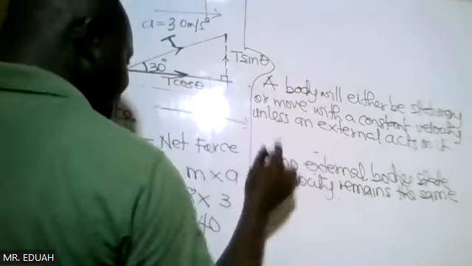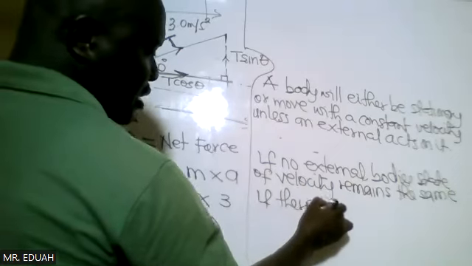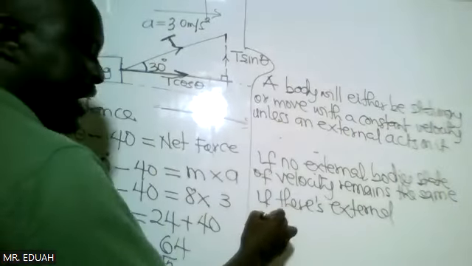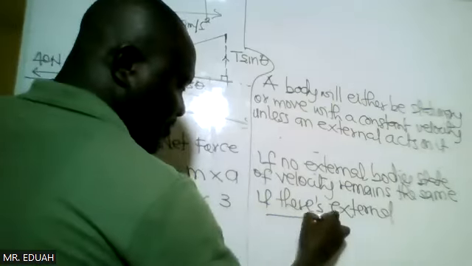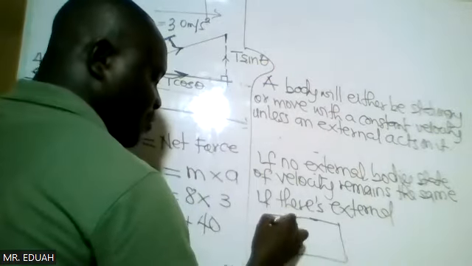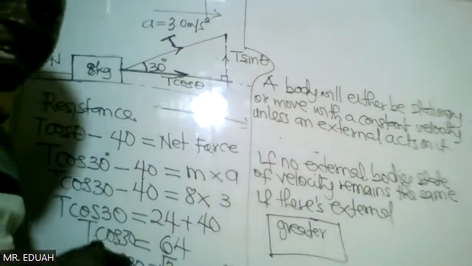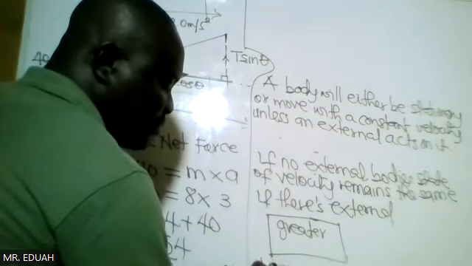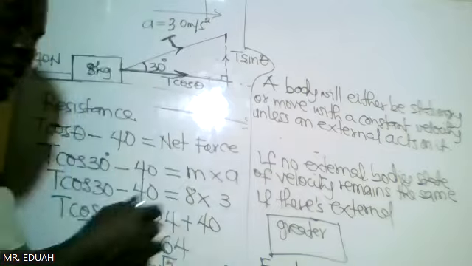Now, if there is an external force and the body has a greater mass, if the body has a larger mass, then the external force must be greater to change the body's state of velocity.